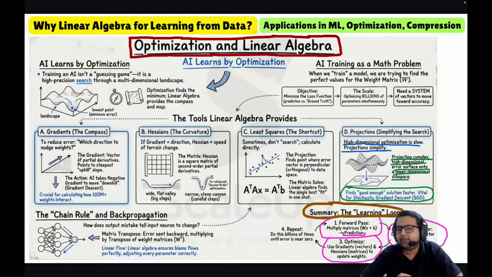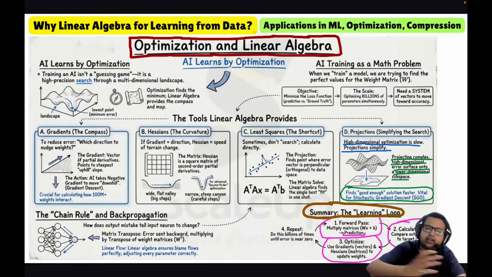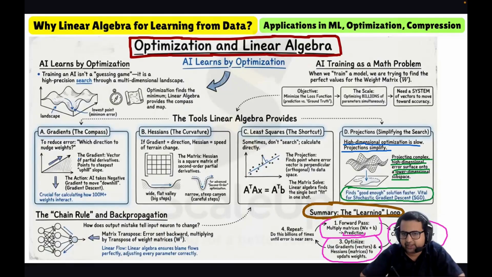So the gradient tells us whether we should increase the weight or decrease the weight, and the Hessian tells us the amount, whether the update should be a big update or a small update. And for optimization, we make use of back propagation. So the error vector, we propagate it from the backward direction and we update all the weights.